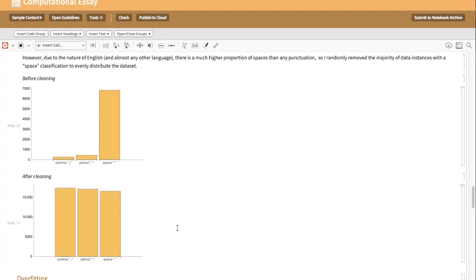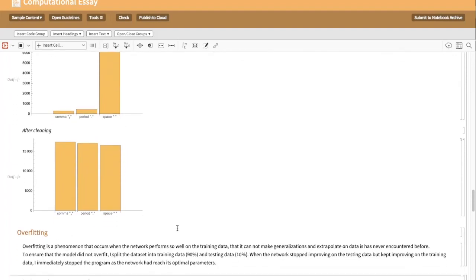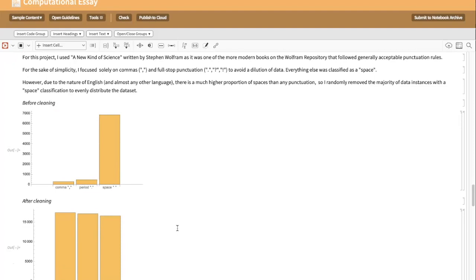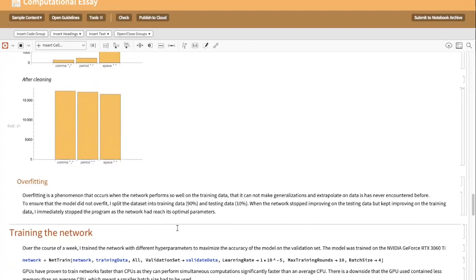So I made sure there's an equal amount of words with different types of punctuation for the training data. Yeah, so the data pre-processing was not perfect here. It's actually one of the more challenging parts. To ensure that the network didn't overfit, I split the database into training data and testing data.